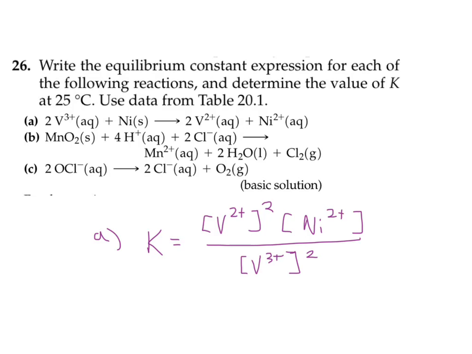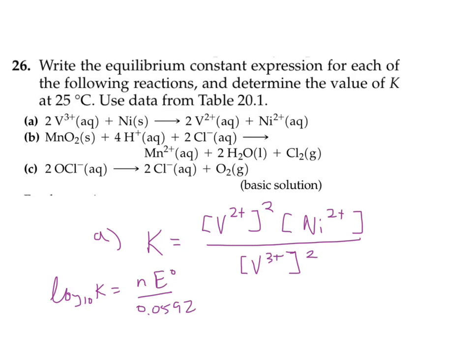And then to come up with the K, I guess it is a little involved. You're going to have to use the last one that we used, the one I said I'd write on my sheet. The log base 10 of K is equal to n E naught over 0.0592.